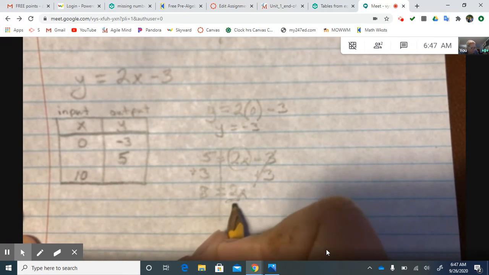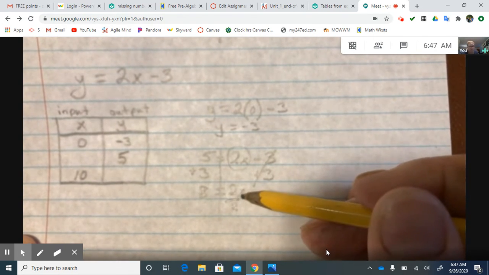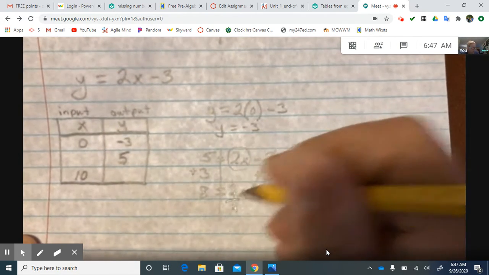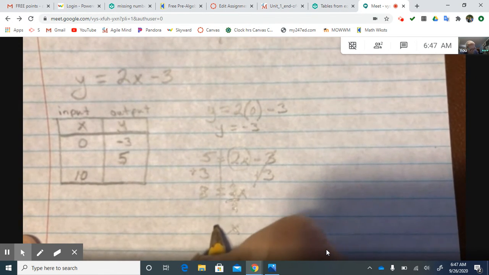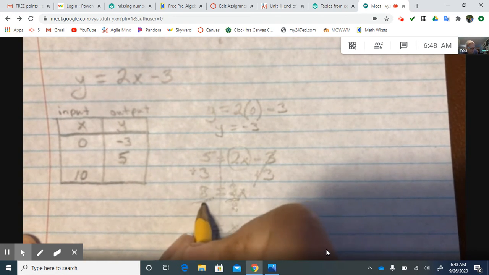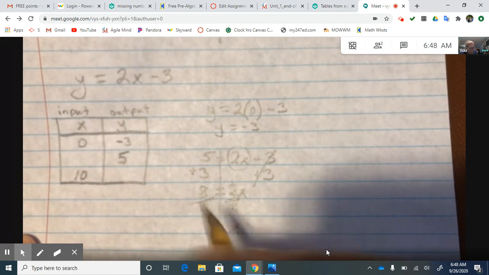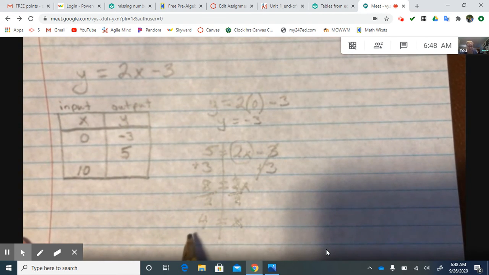We're going to divide by 2. 2 divided by 2 is 1, so that leaves us with a 1x or just x. Don't need to write the 1 in front of it. What we do to one side, we need to do to the other. So 8 divided by 2 is 4. So we get x equals 4.